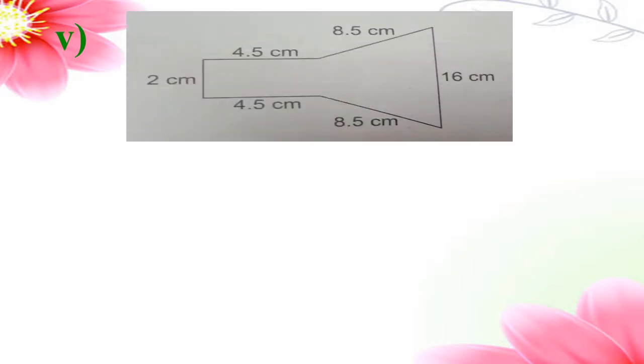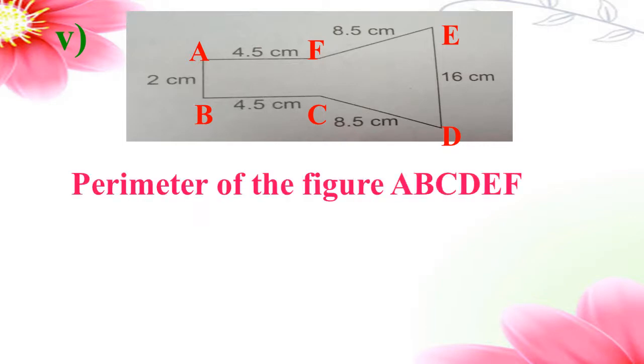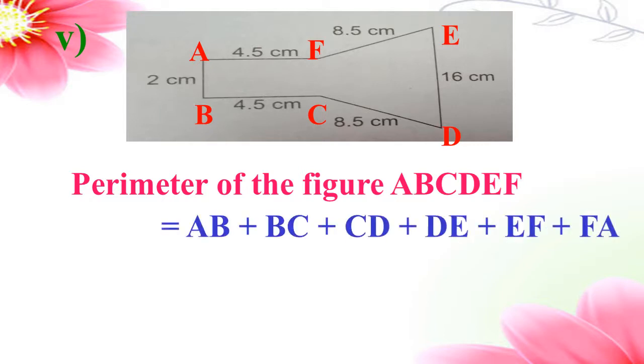The next problem, the sides are AB, BC, CD, DE, EF and FA. The perimeter of the figure ABCDEF equal to sum of all sides. So, AB plus BC plus CD plus DE plus EF plus FA.